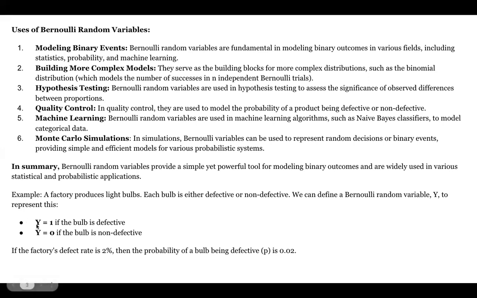For example, let's say a factory produces light bulbs. Each light bulb is either defective or non-defective. So we can define a random variable y to represent this: y is equal to 1 if the bulb is defective, and 0 if the bulb is non-defective. If the factory defect rate is 2%, then the probability of the bulb being defective is 0.02.